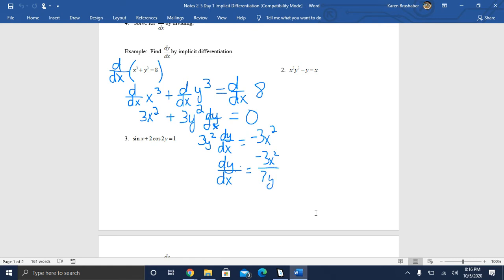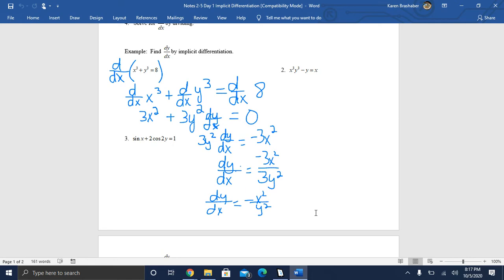And then we can simplify that. You can cancel out the 3's, so dy dx equals negative x squared over y squared. And that would be your final answer for that. So the derivative, notice, has both an x and a y in the final answer.